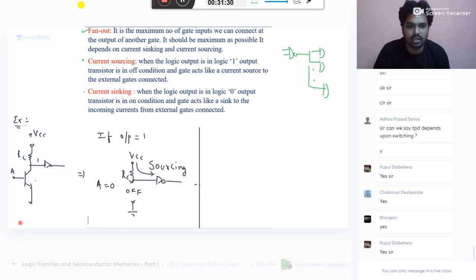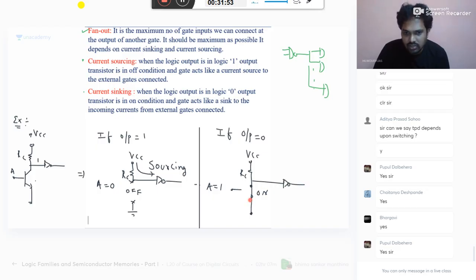Similarly, let's take one more example. If the output is equal to 0, that is, your A is 1. When A is 1, the transistor will act like it is on, almost like a short circuit. The transistor is in on condition now.